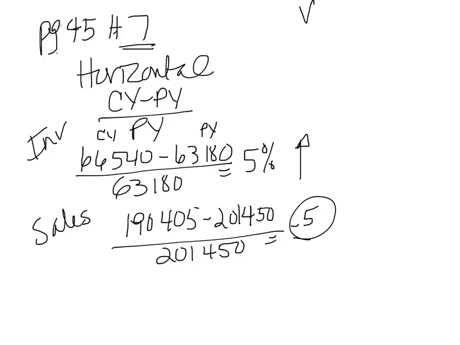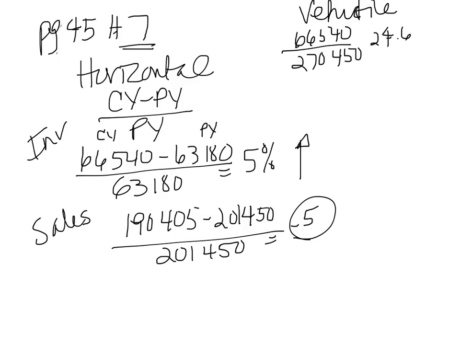Now, if we were going to do vertical analysis for inventory, we take 66,540 divided by total assets of 270,450, which equals 24.6%.